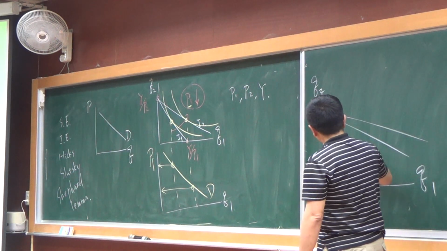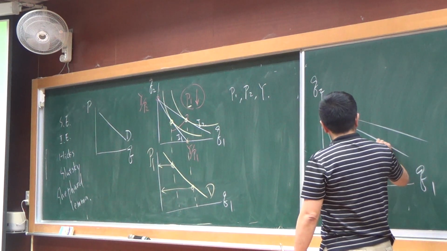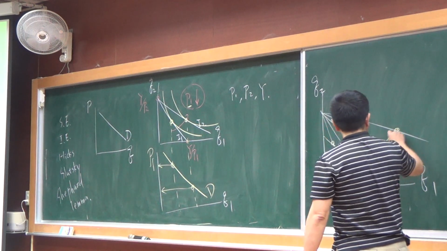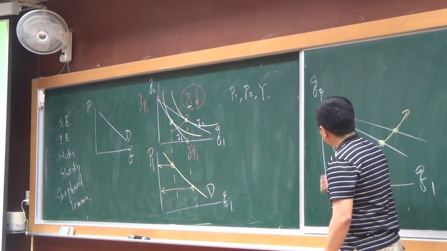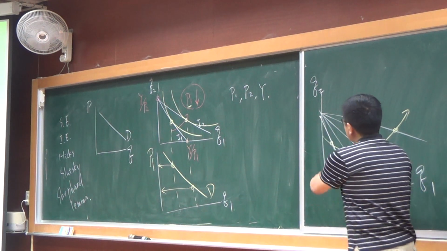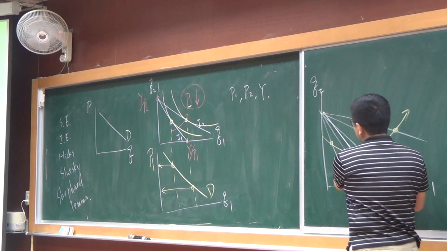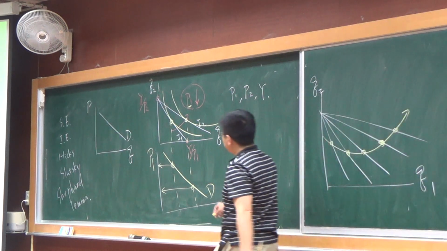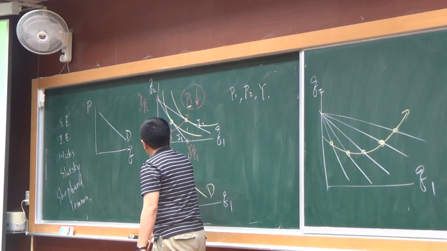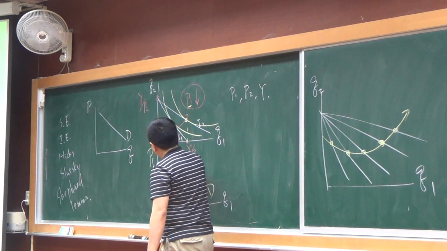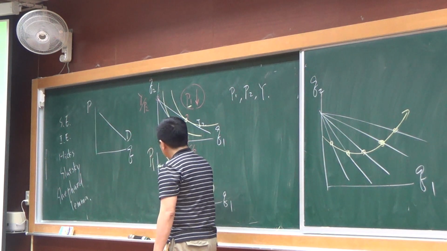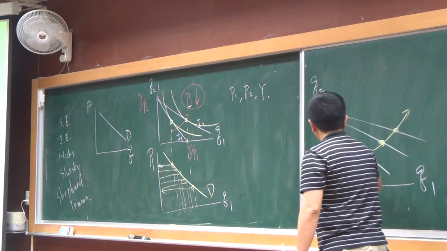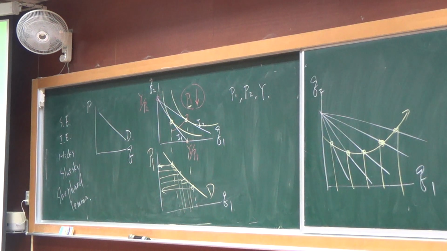You may have something like this. So the highest P1, lower, lower, lower. Different P1 corresponds to different Q1, right? So this Q1 comes from here, here, here.